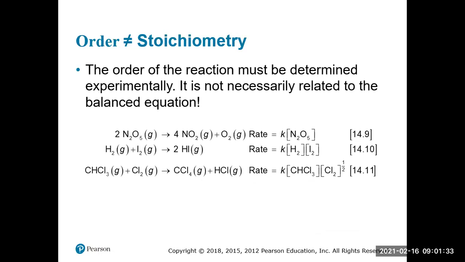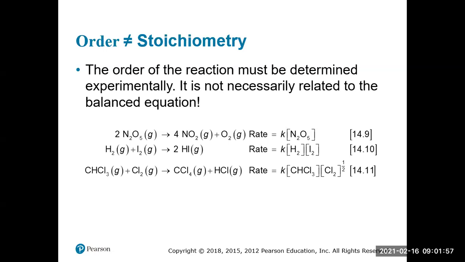Before, when we were talking about rate, we talked about stoichiometry playing a factor in there. When we talk about order, it really doesn't have anything to do with the stoichiometry of the balanced equation.